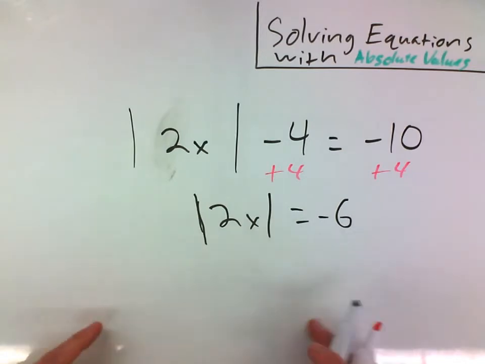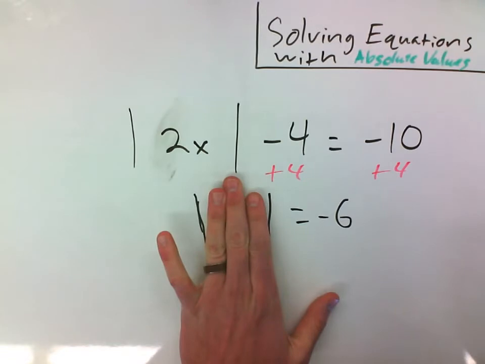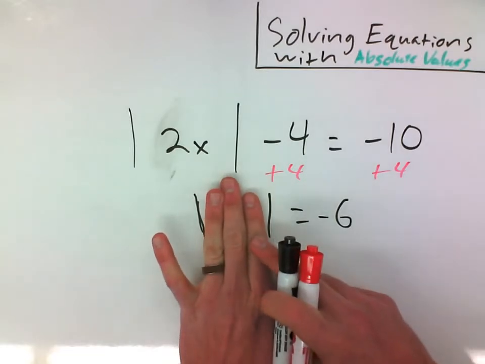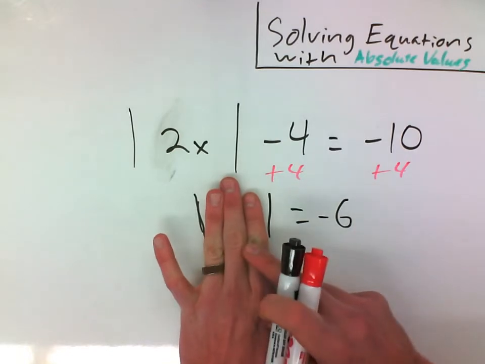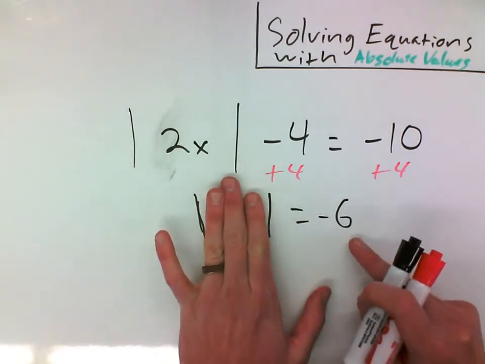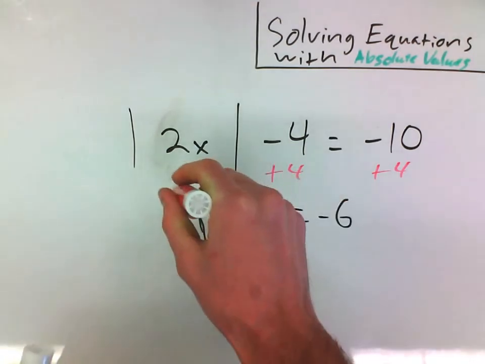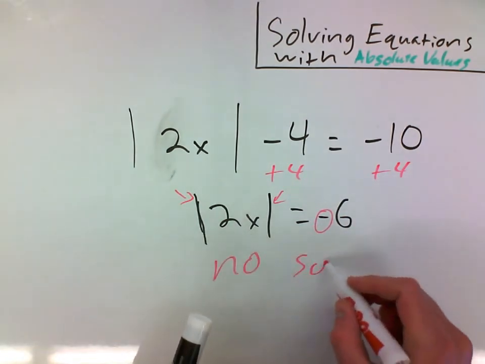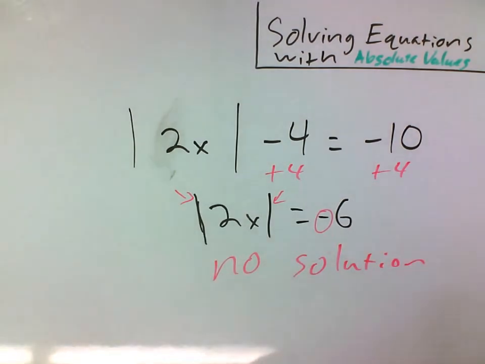Typically this is where it's split into two equations, but just think about it for a couple seconds. What value would I have to have in between this absolute value that would give me an output of negative 6? Absolute values make everything positive, so if it was a 6, it would spit out a 6. If it was a negative 6 underneath, it would still spit out a positive 6. So how could it ever spit out a negative 6? It can't. When you have the absolute value right here and a negative right here, that's a situation where we have no solution, because there's no way an absolute value can give me a negative output.